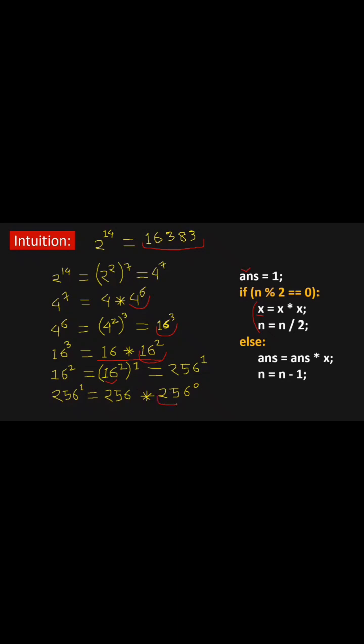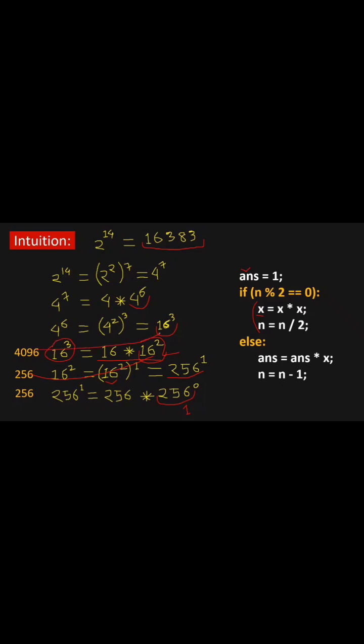For this it will return 1 because anything to the power 0 is 1. So 1 times 256 returns 256. So 16 to the power 2 equals 256. So 16 times 256 equals 4096, and this is the value for 16 to the power 3.